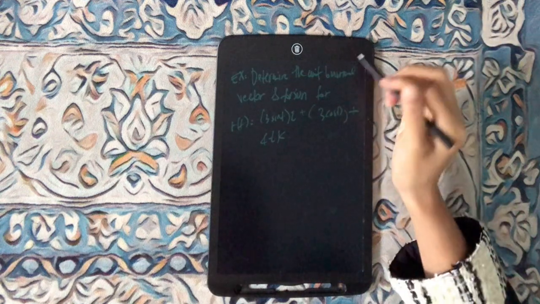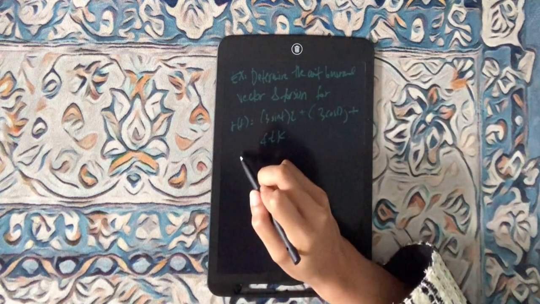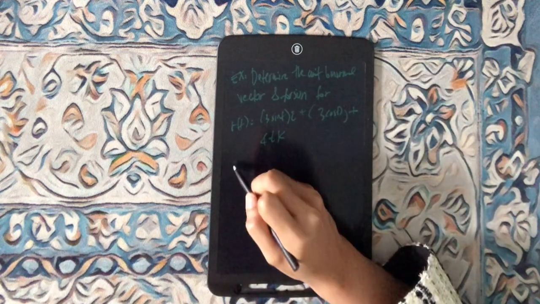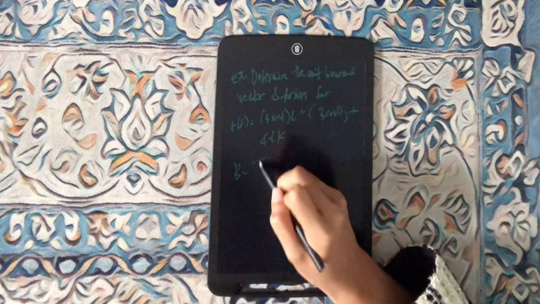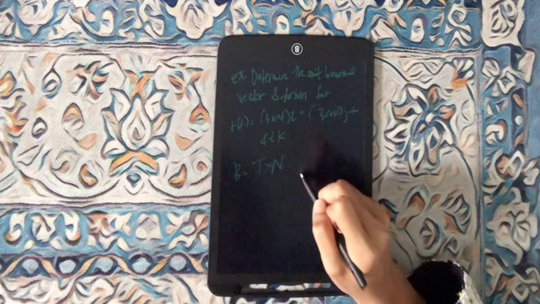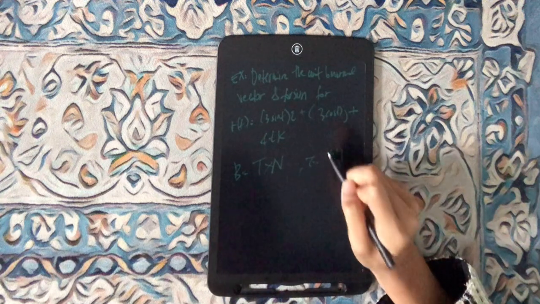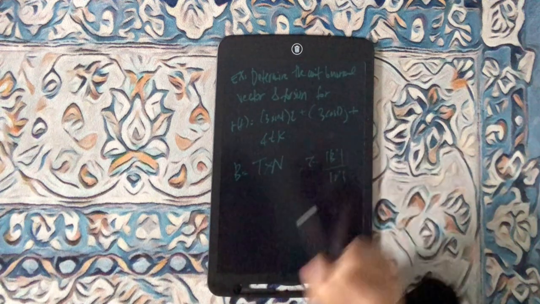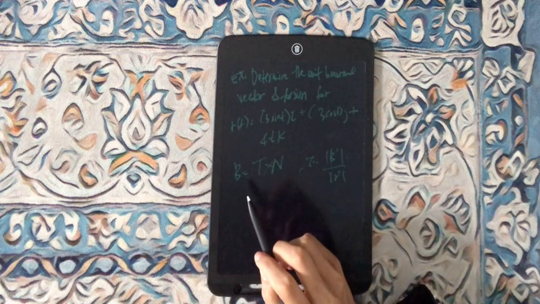Alright, so first thing first, I prefer that you write the formula first. So this is the formula for B and this is the formula for torsion.